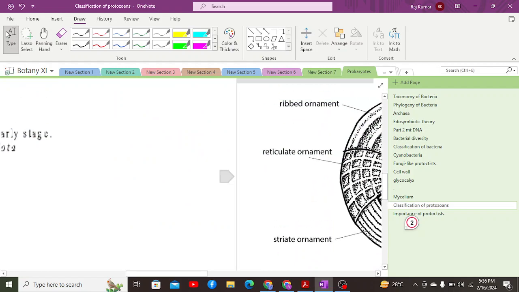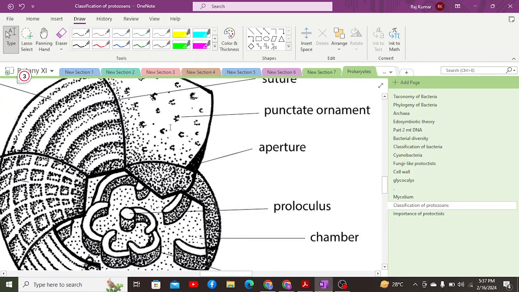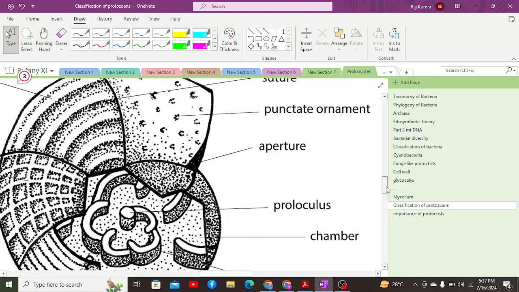Their shell has several pores, and cytoplasmic projections are secreted out of these pores, forming a type of extracellular thick net around their body. With this they are able to entangle prey, which in most cases includes bacteria or smaller protists, which they engulf.